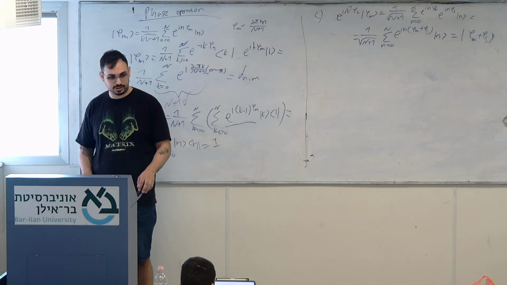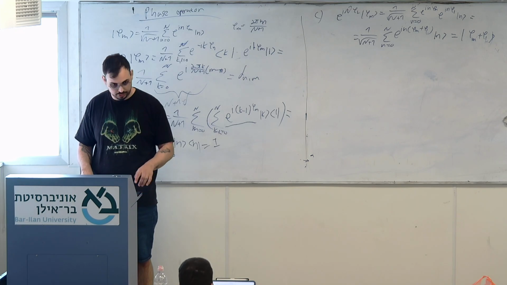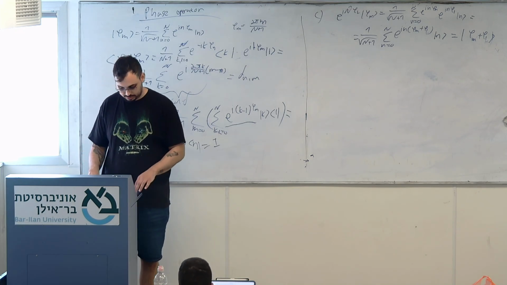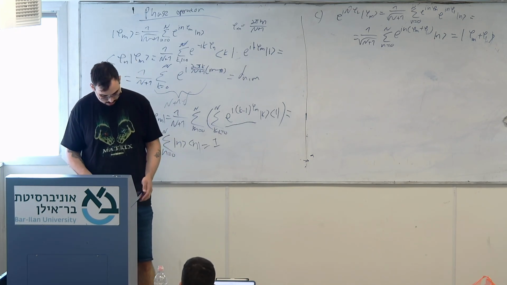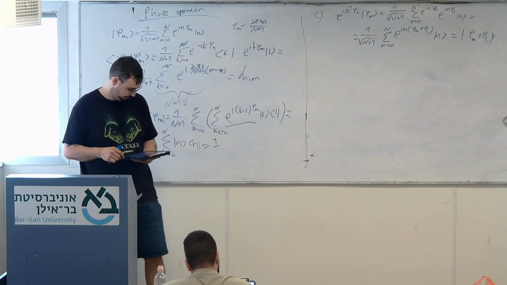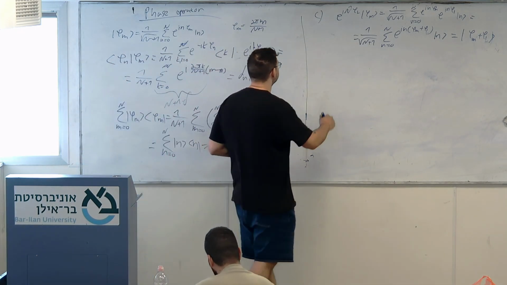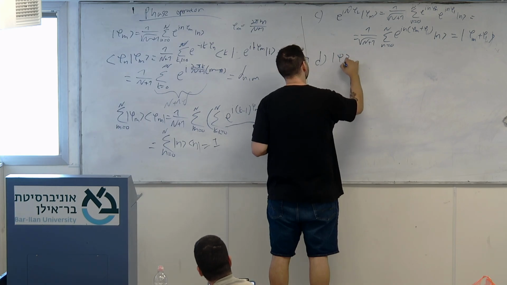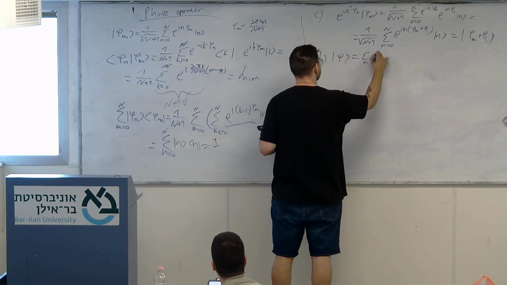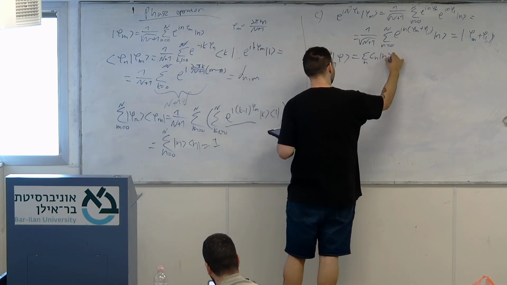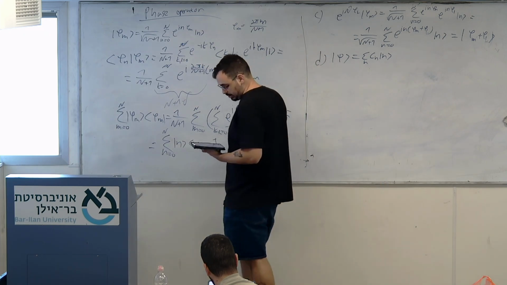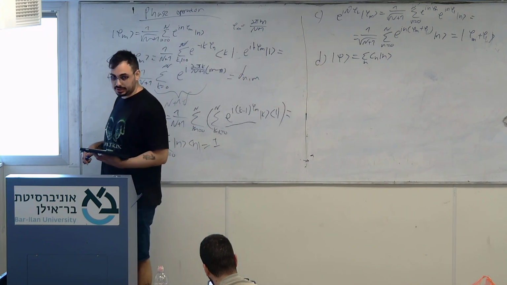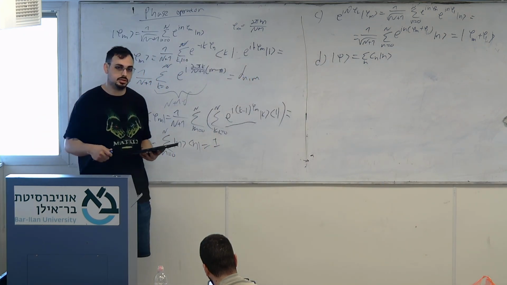You want to do part D, or do you want us to move forward? Okay. So let us assume that we have some general state psi, which equals sum over n, C_n |n>, right? You want to know what's the probability of measuring a specific phase.